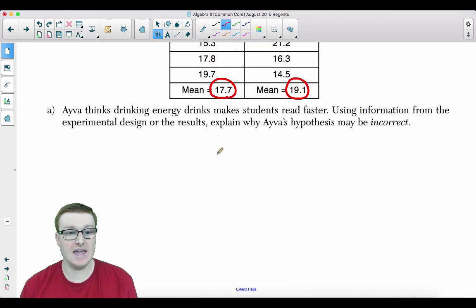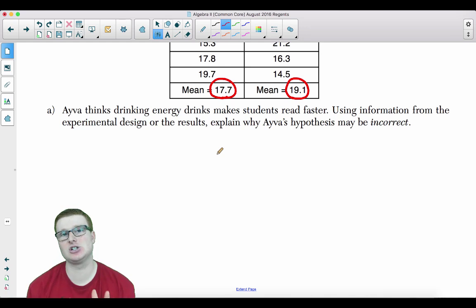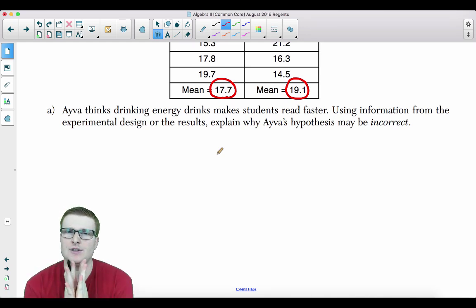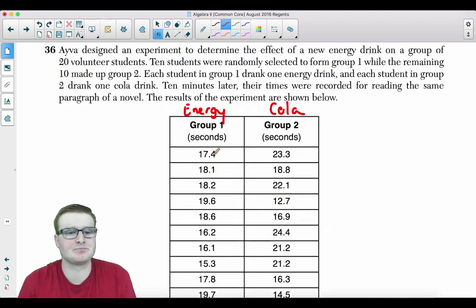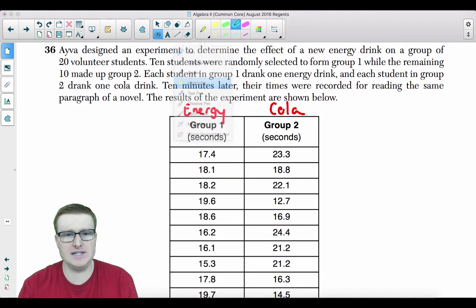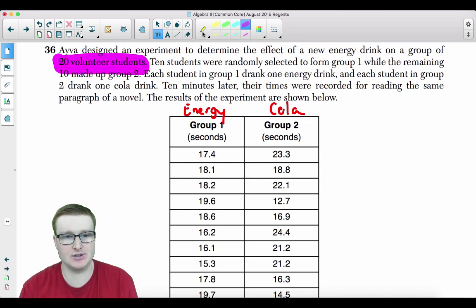Now, Ava thinks drinking energy drinks makes students read faster. Using information from the experimental design or the results, explain why Ava's hypothesis might be incorrect. So there are many different answers that you could use to get this question right. The first thing is this. She only tested 20 volunteer students.